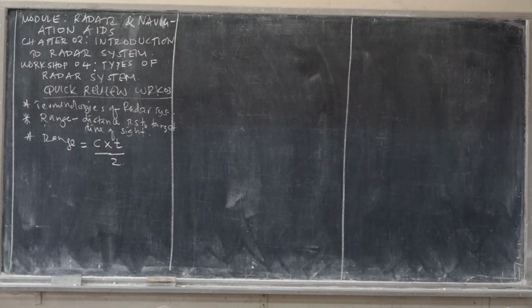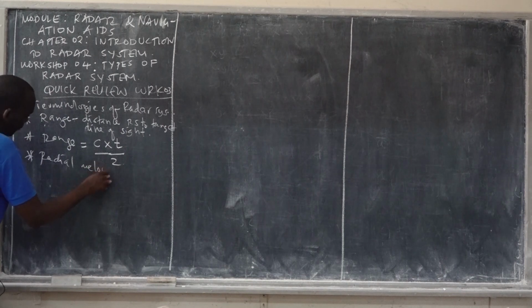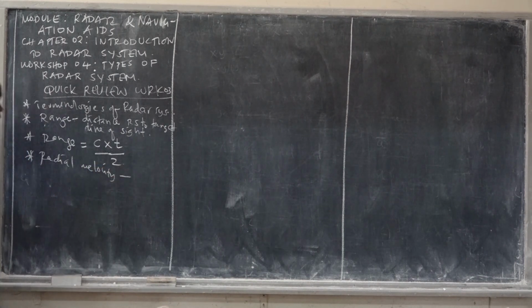Then the next parameter that we discussed is called radial velocity. What is radial velocity?